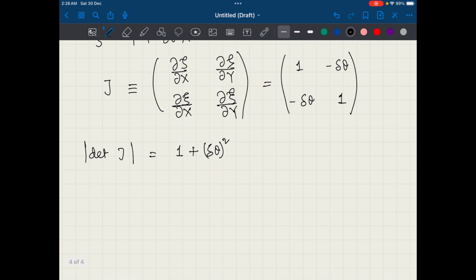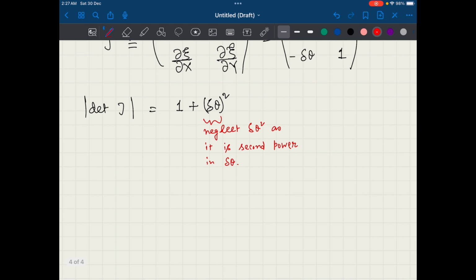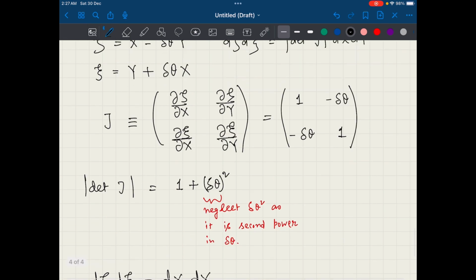But as I mentioned earlier, we neglect delta theta squared as it is second power in delta theta. So in this approximation we have d zeta d xi is dX dY.